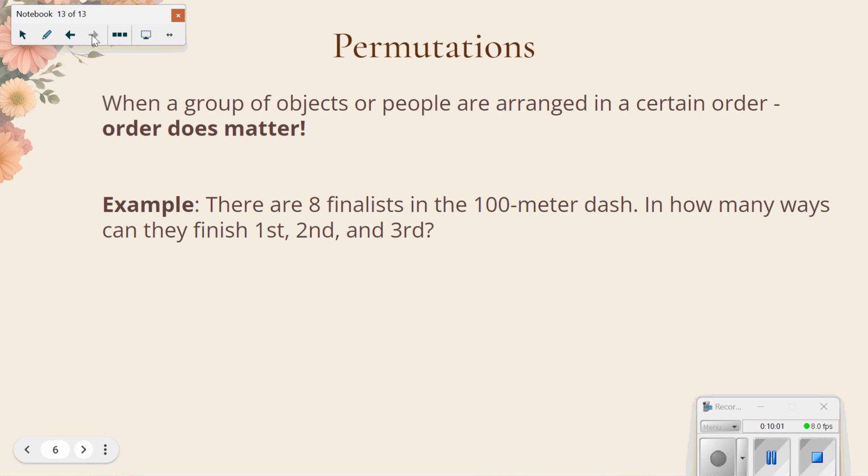So in this example, there's 8 runners, and we want to know how many ways they can finish first, second, and third. The order matters when you are running a race, right? How you finish the race. Getting Sabina first, Vita second, and McKenna third, that order matters there.